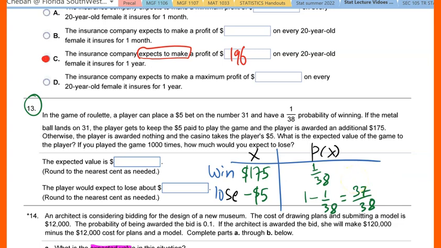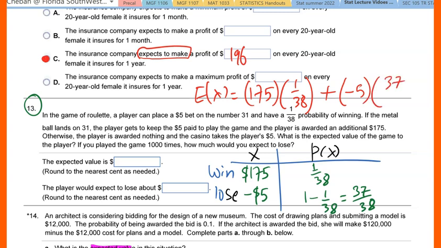Let's do that. Expected value is going to be 175 times 1 over 38 plus negative 5 times 37 over 38. Use a calculator like I did before.